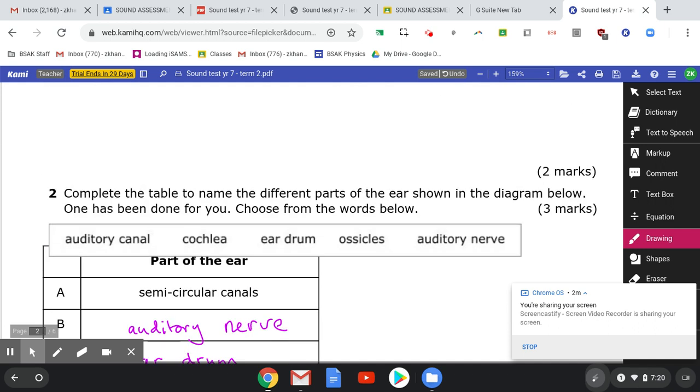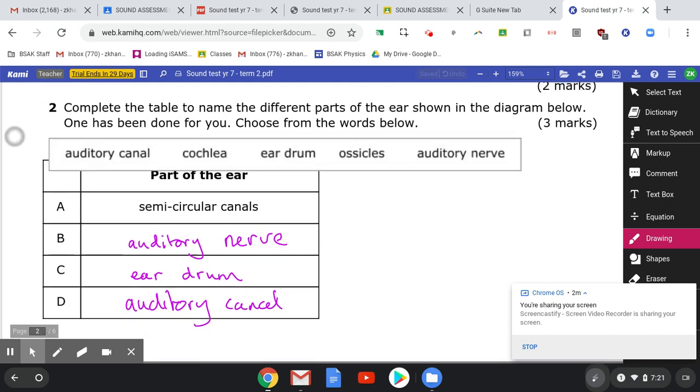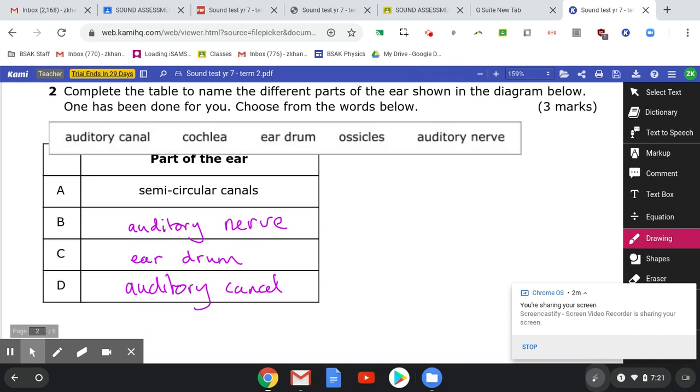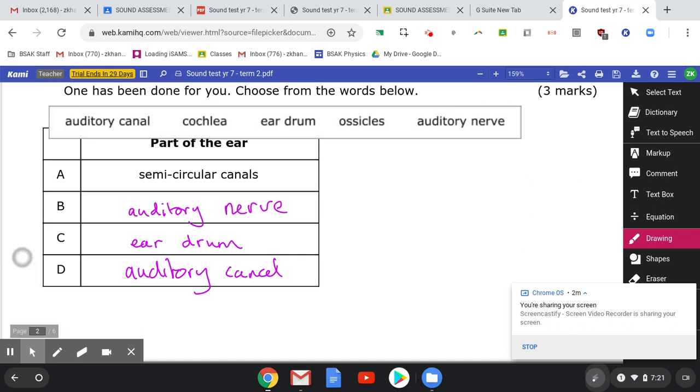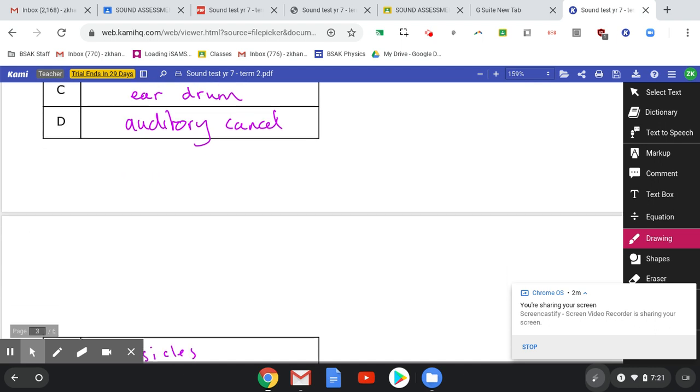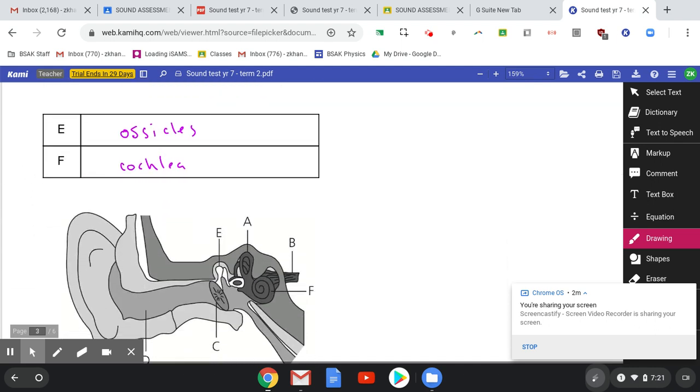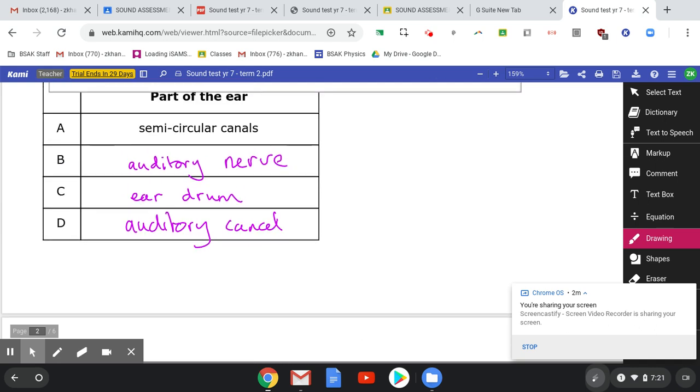The next question, question 2, you have to fill in the blanks. So we're going to go to point B. Point B is that point there. That's the auditory nerve. Okay.